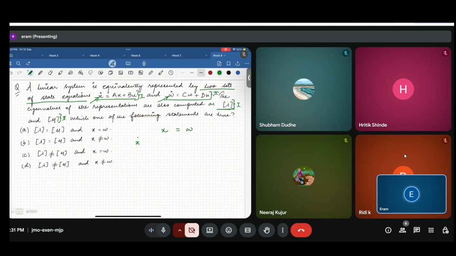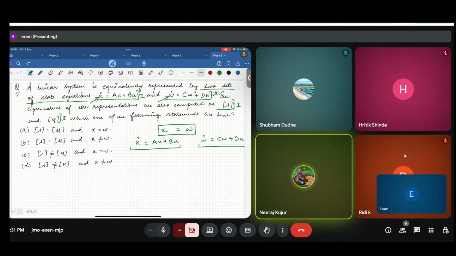So let's suppose you have x dot equals Ax plus Bu, and you have omega dot equals Cw plus Du. If x equals w, which matrix will remain the same? A will be equal to C.